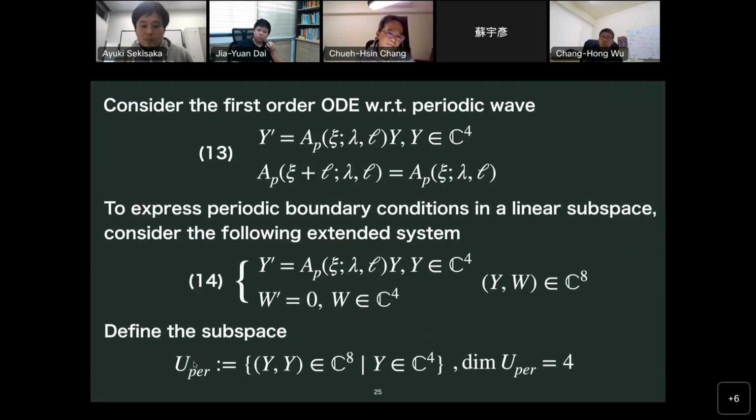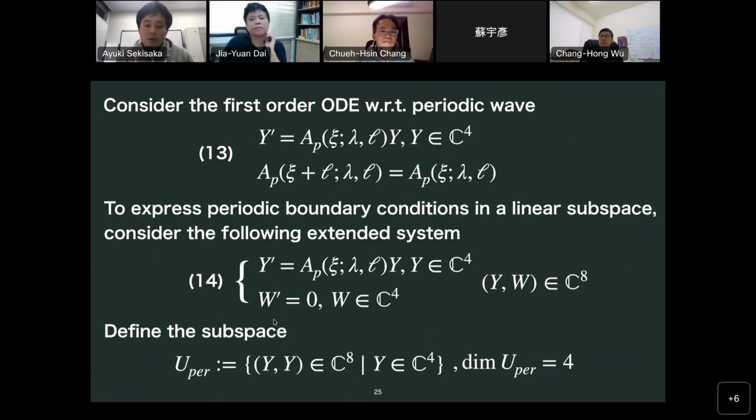Like this, your part is a periodic boundary condition. If we do not consider extended systems, periodic boundary conditions cannot be expressed as a linear subspace.